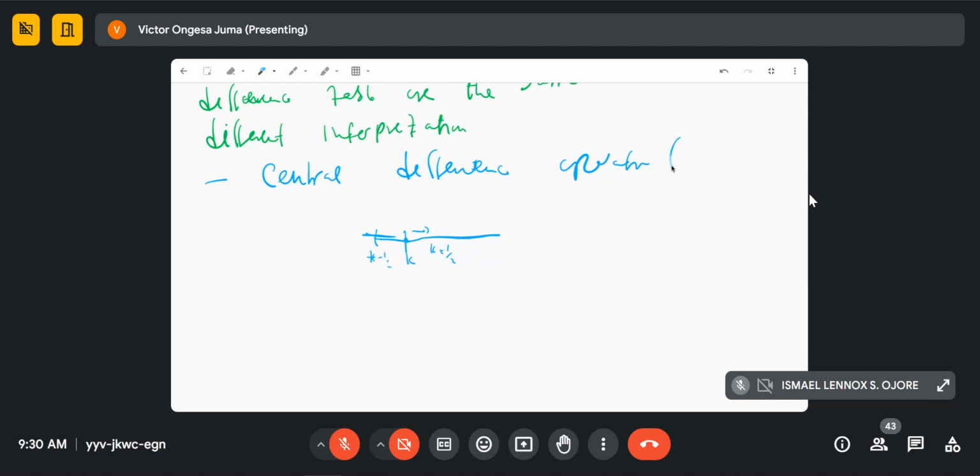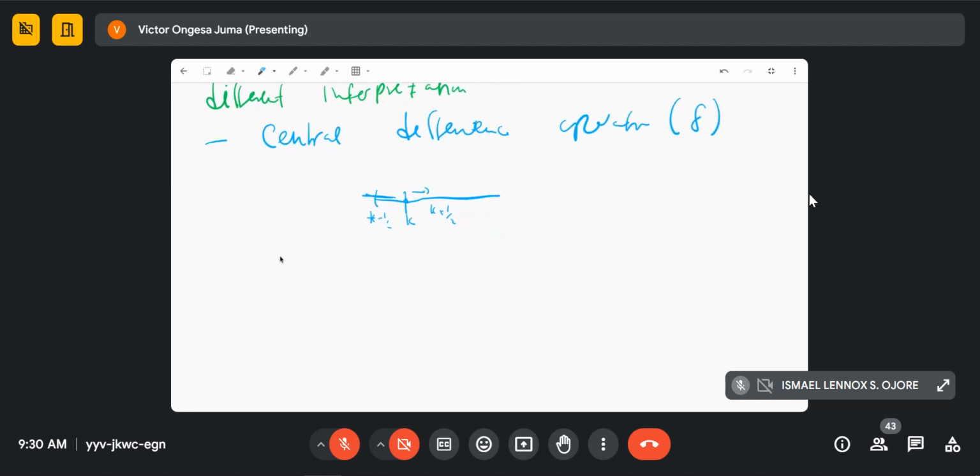So basically, it's written delta. So this central difference of yk will be the same as yk plus a half minus yk minus a half.